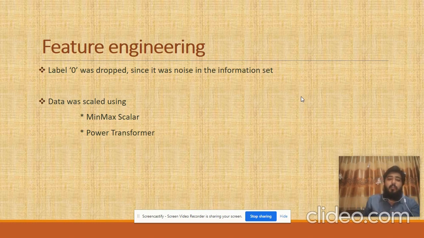Just for information, the min-max scaler converts data points into a particular range you give, either 0 to 1 or -1 to 1, while the power transformer can take negative values as well and performs better spreading in a given space to reduce the spread of your data.